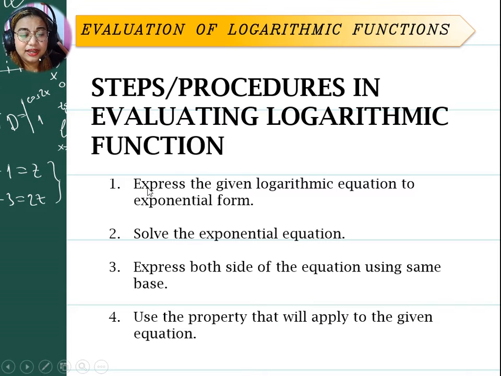Please always bear in mind the following steps kasi napaka-importante na tandaan natin yung steps, kasi pag nagkamali tayo ng step na sinunod, possible na hindi magiging tama yung ating evaluation doon sa ating logarithmic function. So again, una nating gagawin, we have to express yung ating logarithmic equation sa exponential form. Tapos, isosolve natin siya and all.